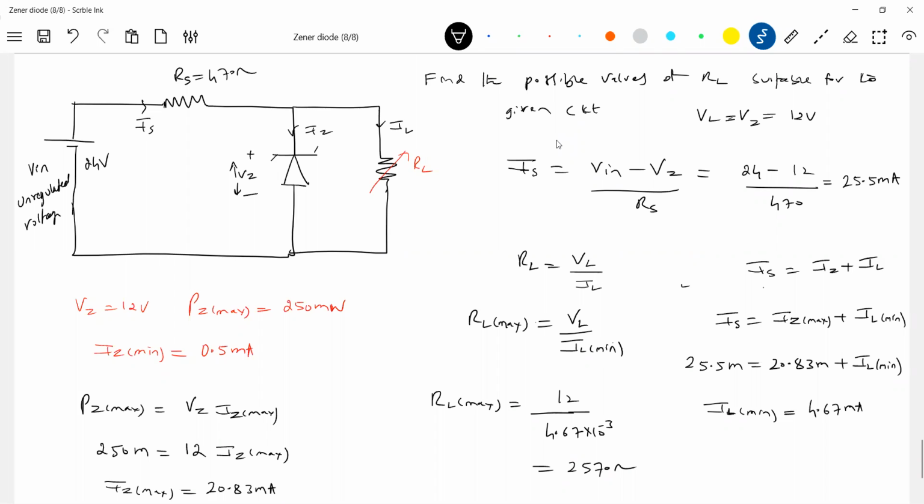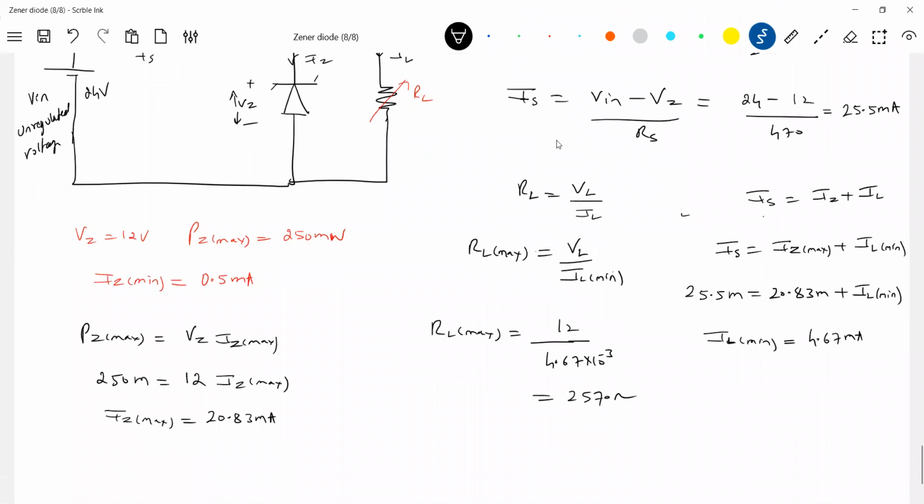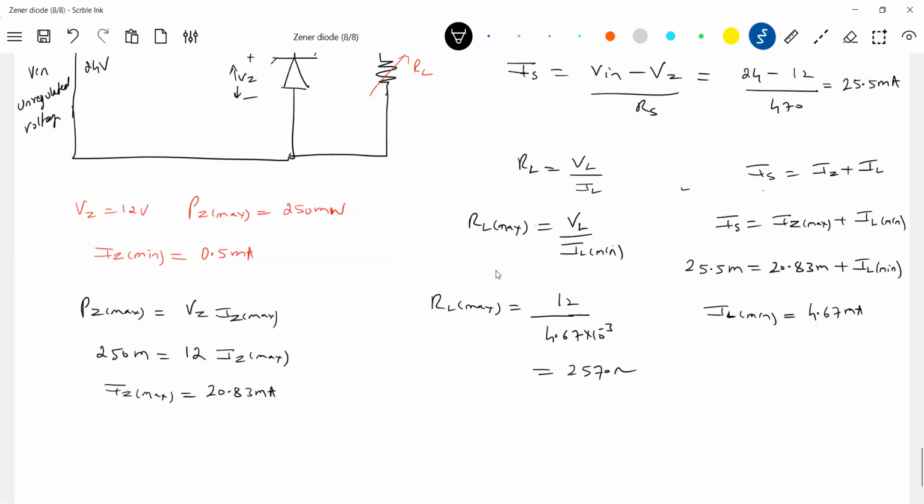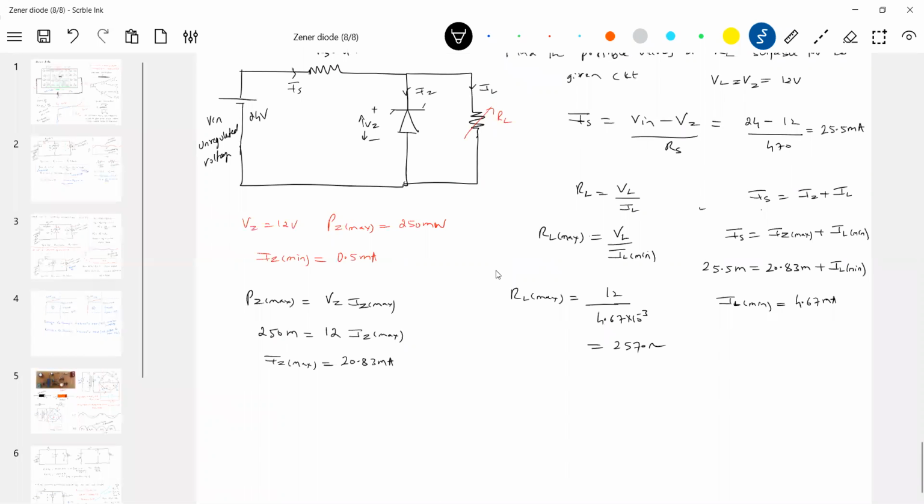Similarly, I want RL minimum. RL minimum will come when IL is maximum. When IL will be maximum, when IZ is minimum. In a similar way, let's get into this. IS equals IZ minimum plus IL max.